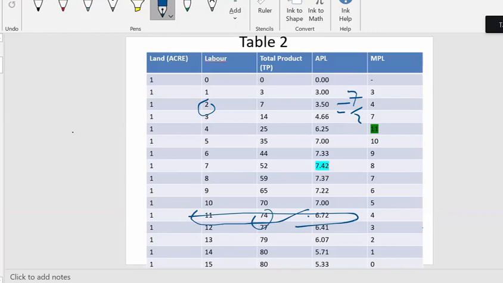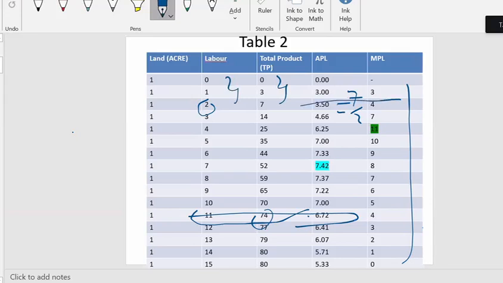In terms of marginal product, just take change. Change in what? Just take change. Product. Yeah. For example, let's see here. From here to here, right? From here to here. We want to get the marginal product at this level.